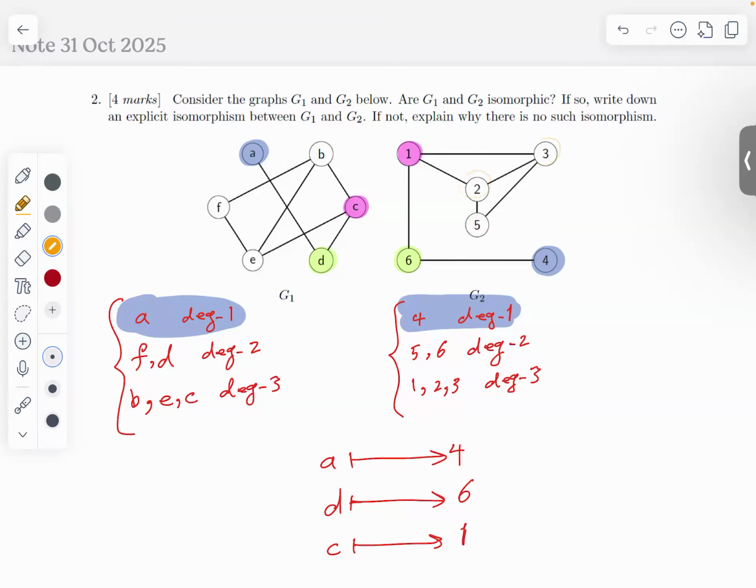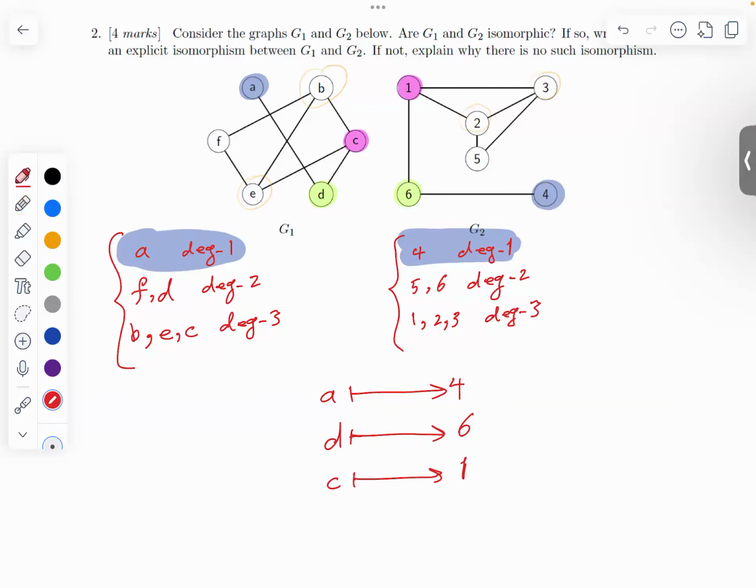D, C goes to E, B. Both of them are degree 3. So how to choose them? Well, we can just choose one of them and proceed. If you make a mistake, if you get a contradiction, then go back and choose the other choice. That's the best way that I can tell you. There is nothing more we can do than this.